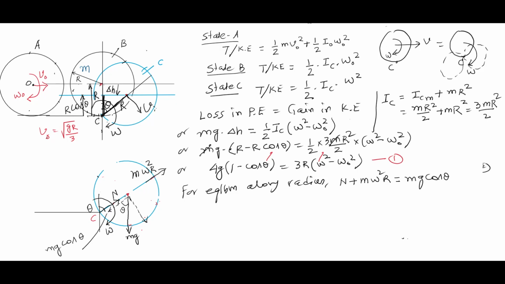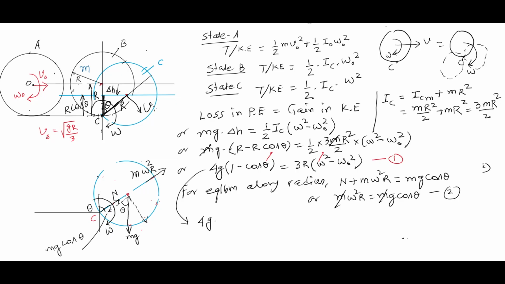At the instant of detachment N equals 0, so m omega square r equals mg cos theta. This is our second equation. In equation 1 we have g cos theta, so we will replace this g cos theta.